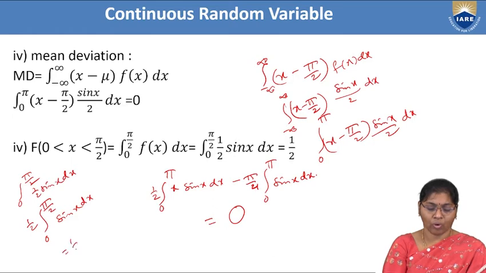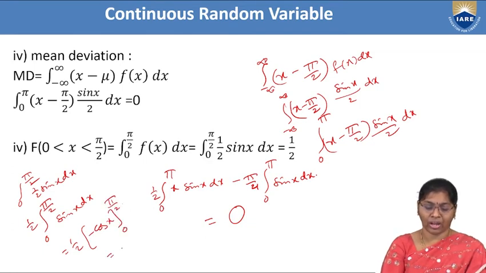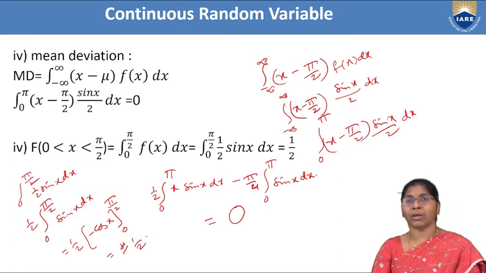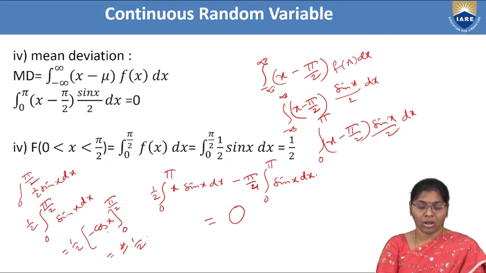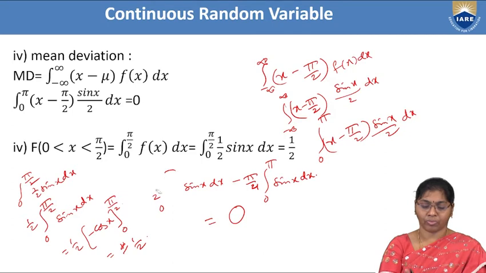That equals 1 by 2, and the integral of sin x is minus cos x from 0 to pi by 2. The final value we get is 1 by 2. Applying minus cos pi by 2 is 0, minus into minus plus cos 0, and cos 0 value is 1. Then it is 1 by 2.